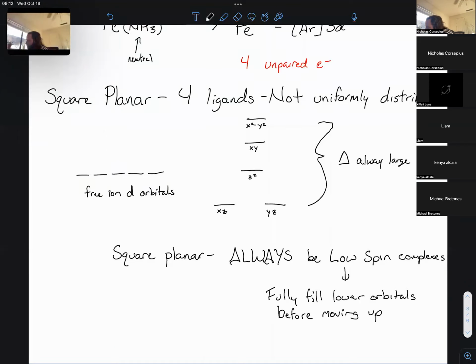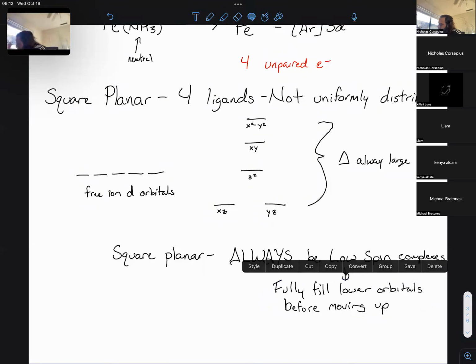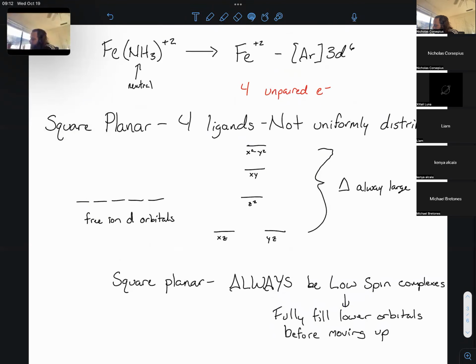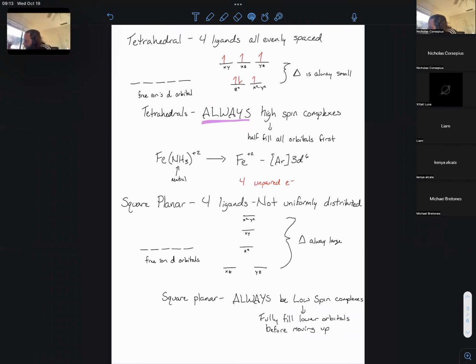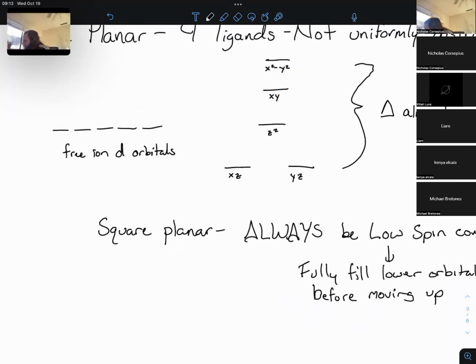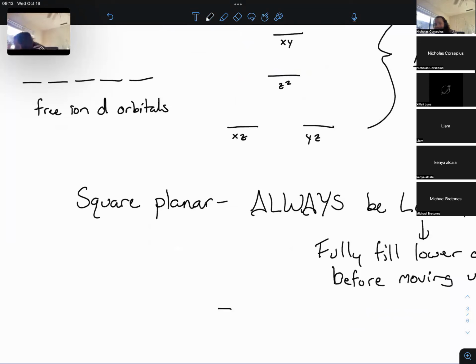Okay, so now we've got a little bit of a pickle, which is how do we distinguish between square planars and tetrahedrals, because they both have 4 ligands. Well, it turns out that square planars like to have the same electron configuration, which is a d8 electron configuration.